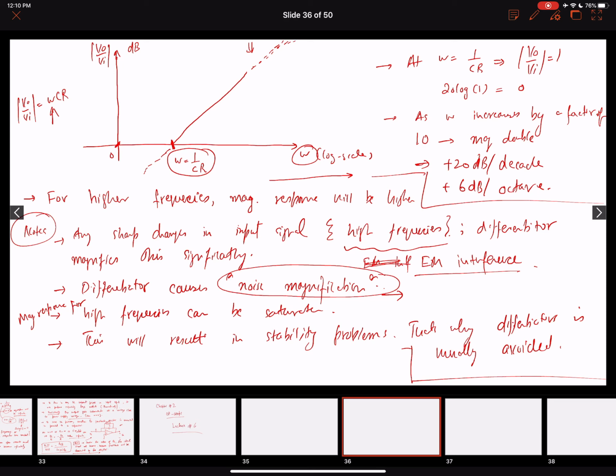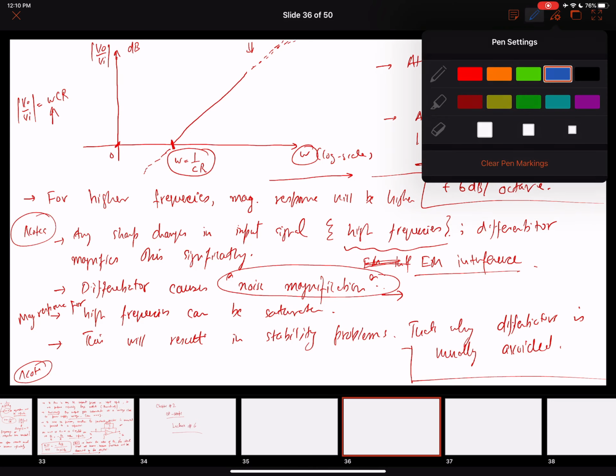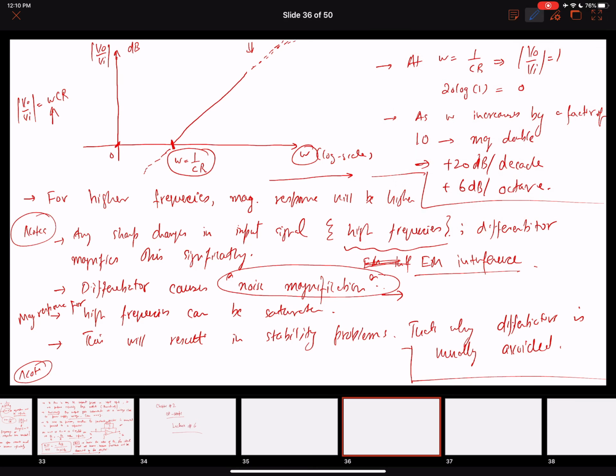There is one thing that we can potentially do to avoid that, which is to connect a small resistor in series with the capacitor.